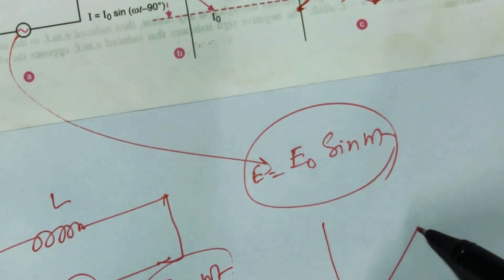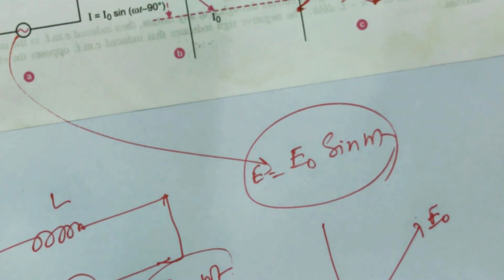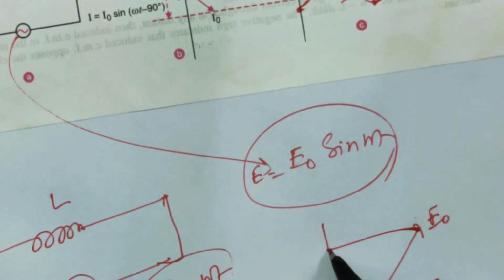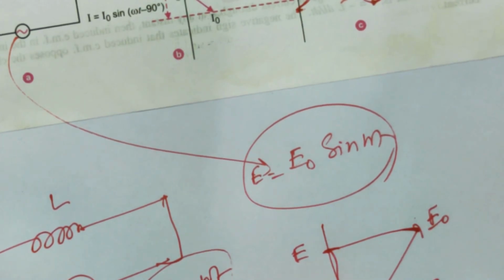Let me draw it here. This is your EMF E naught, this is your I naught. This angle is pi by 2. It is lagging behind, and this angle is omega t. If you draw a perpendicular from here, this value will give you the instantaneous value E, and if you drop a perpendicular from here, this value will give you the instantaneous value I, right?